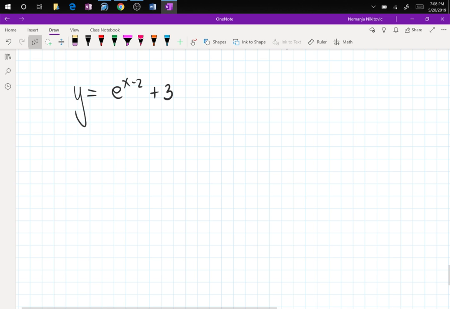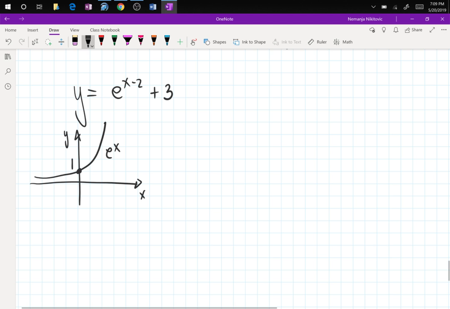Well, we start with the original e to the x, because there has to be an anchor point somewhere that you are able to shift around. So for original e to the x, your anchor point is this 0, 1 that the graph goes through.